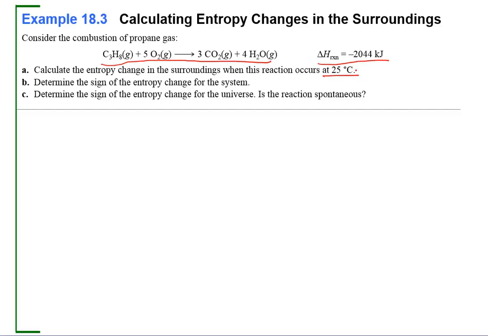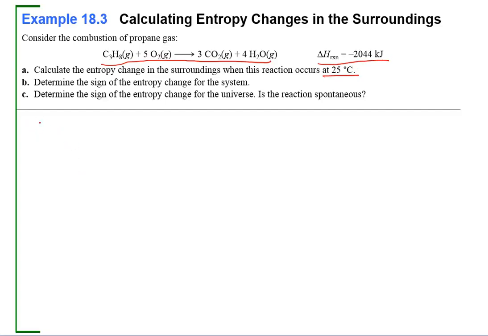And the question is, is this reaction spontaneous? So we have a combustion reaction in this case. Let's look at the combustion reaction and make a determination based on these questions.